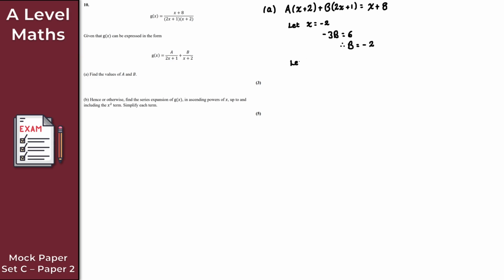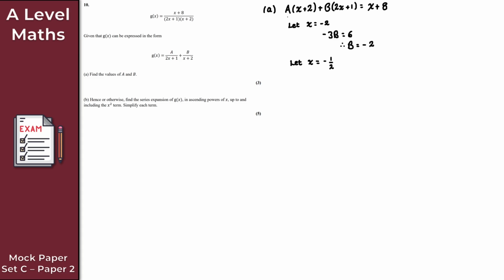And in a similar fashion, let x be equal to minus a half. Let's think about that for a moment. If x is equal to minus a half, then b now would disappear, because 2 times minus a half is minus 1, plus the 1 is 0. B times 0 is just 0.